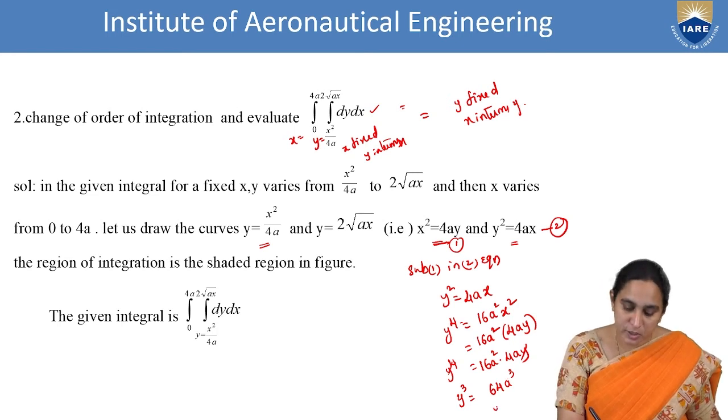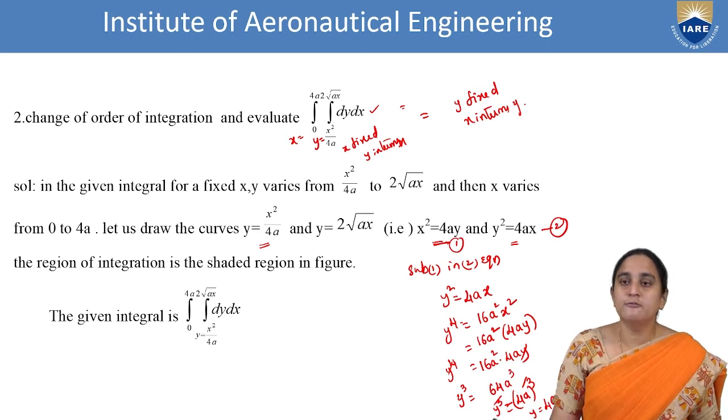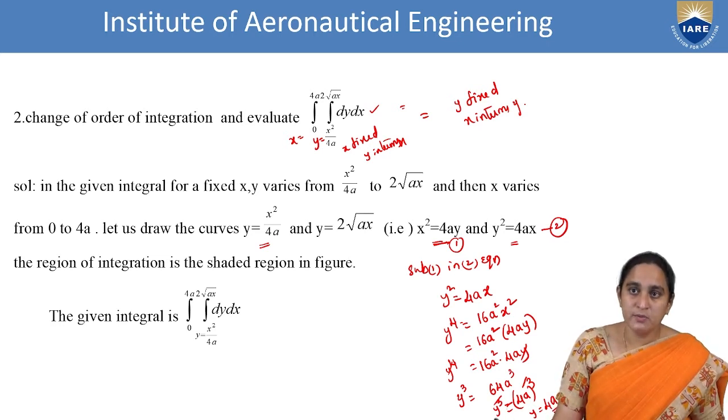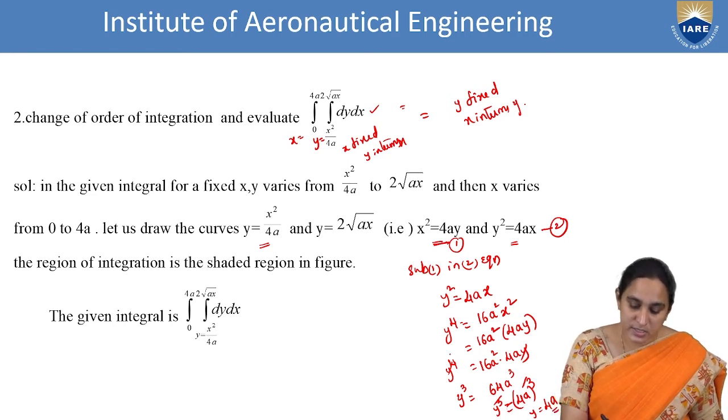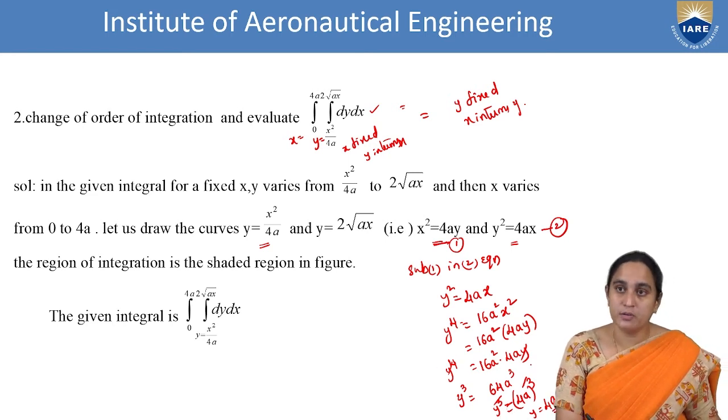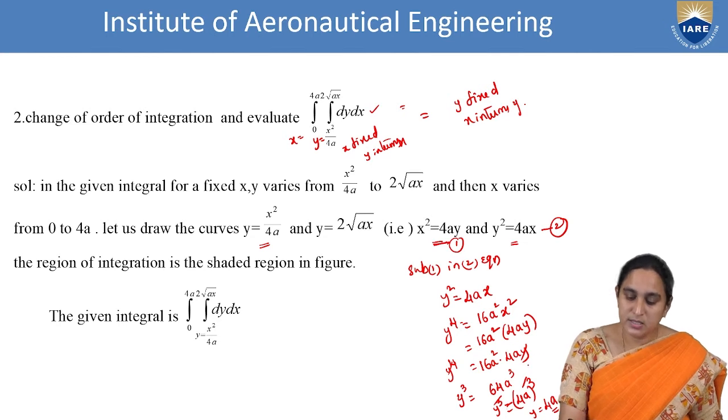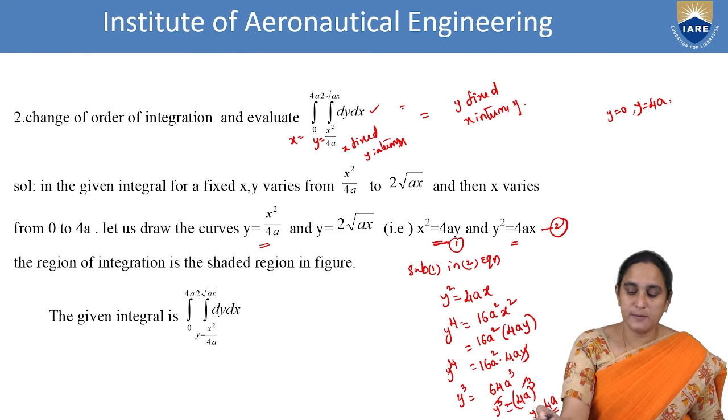From that, y cube is equal to 4a whole cube. Both sides, the cube powers cancel, therefore y is equal to 4a, and the other y is 0. Here y is equal to 0 and y is equal to 4a.